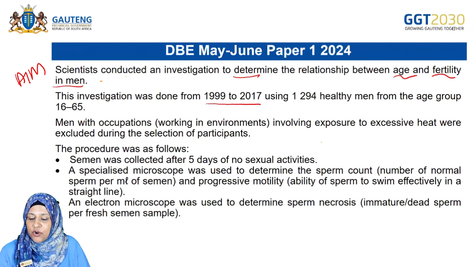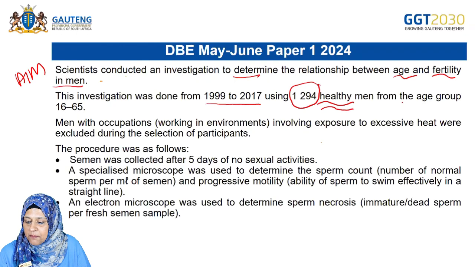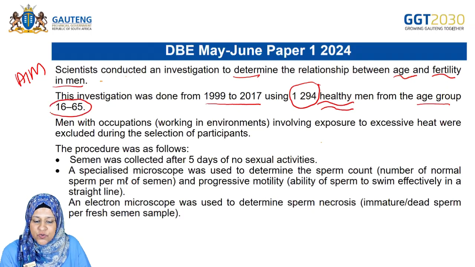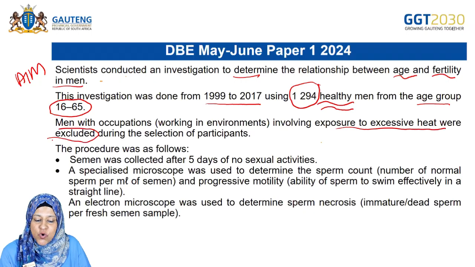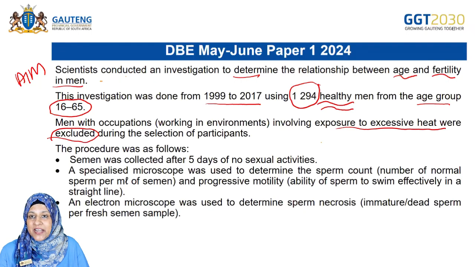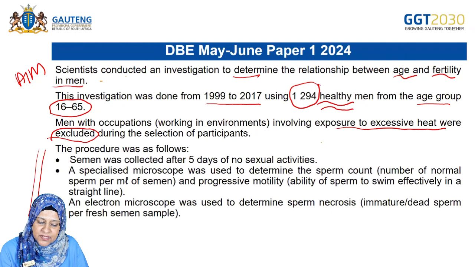That's approximately 18 years, using 1294 healthy men from the age group between 16 to 65. Men with occupations, working environments involving exposure to excessive heat were excluded from this selection of participants. The following was a procedure. This is the method which you must read as well.